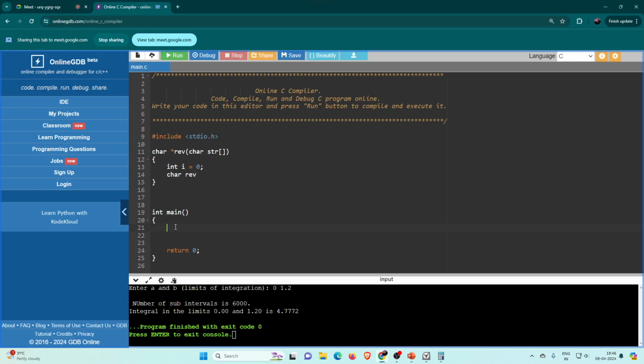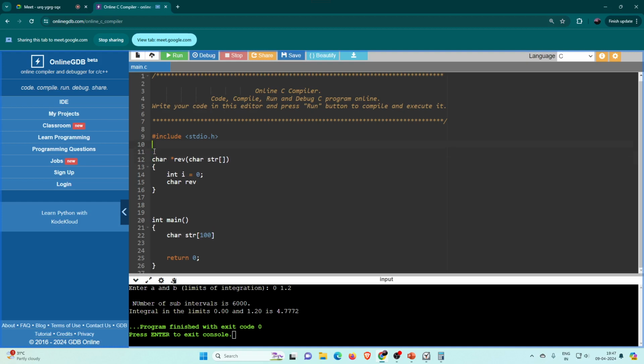So in main I will define str 100 here anyway, but this 100, I don't know if that is also 100, right? So I need a global variable, and let's call it max len, this is 100. So I have defined a global variable like this. So instead of this, I'll change it to max len.